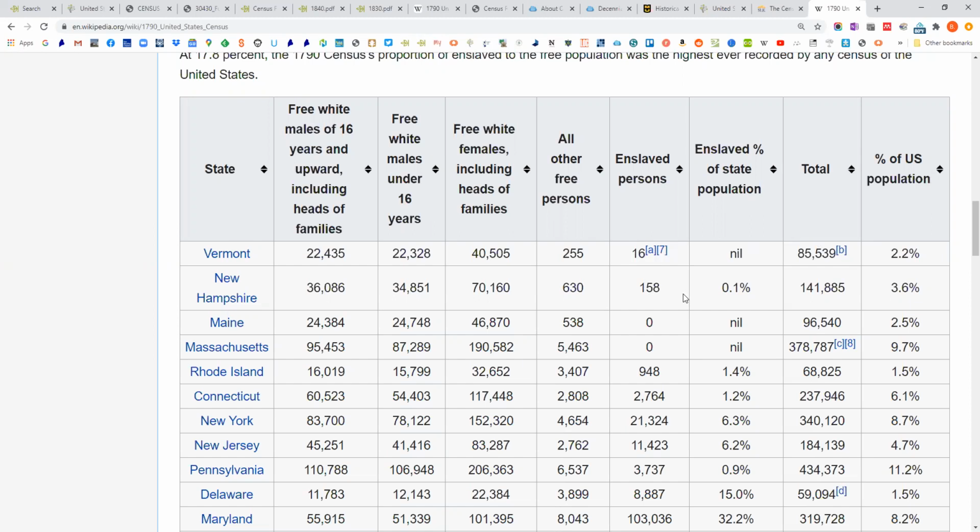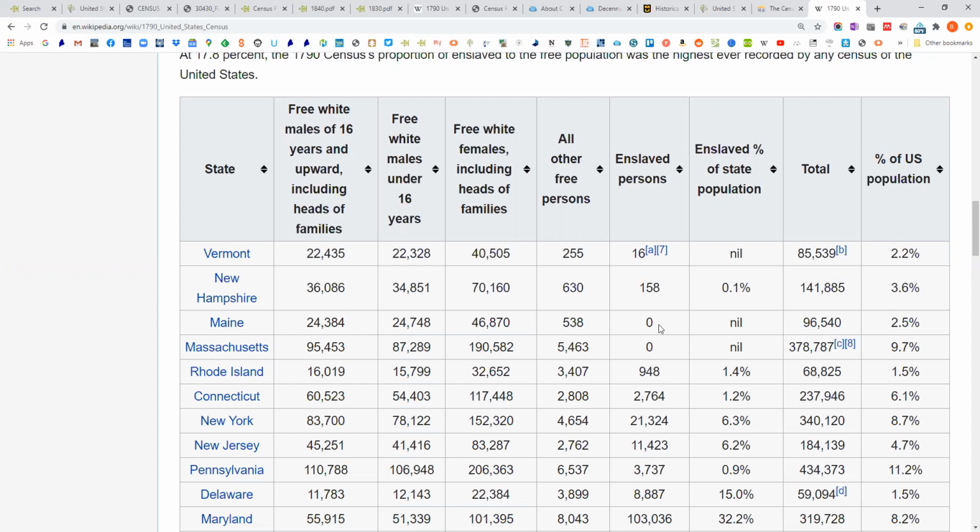As you can see, Maine in 1790 had 24,384 people, or men, sorry. The total was 96,540. It was 2.5% of the American population, which is actually much more than it is today.